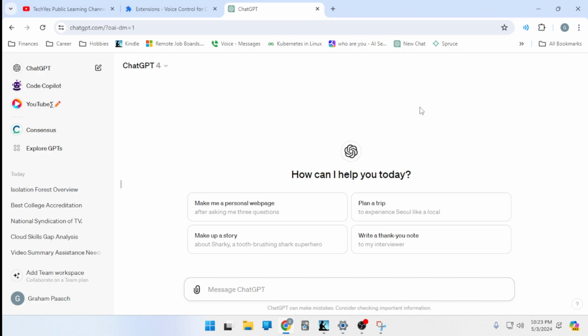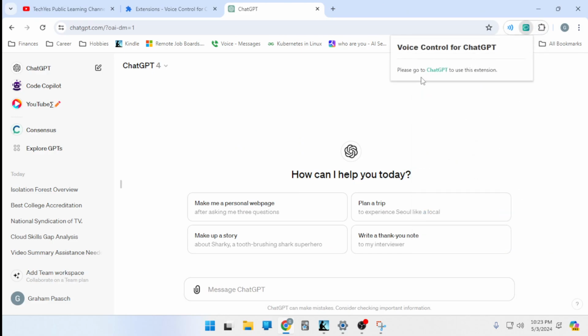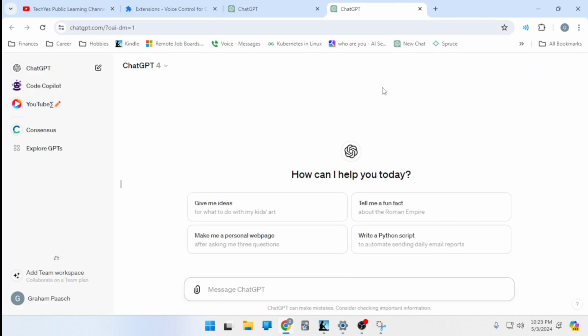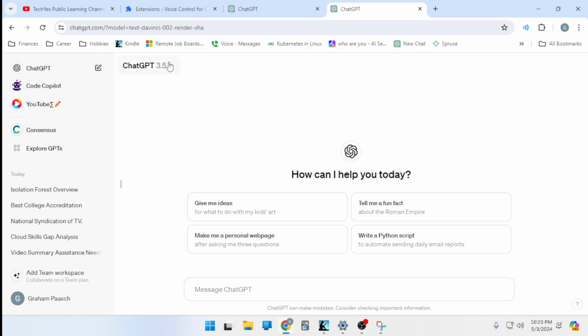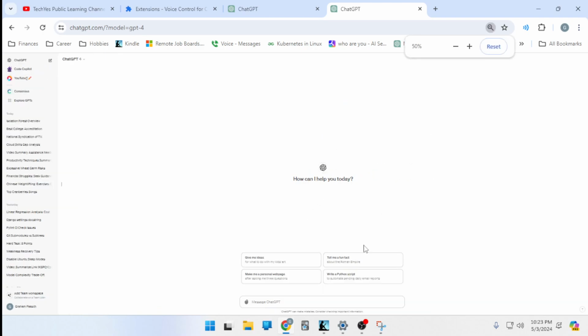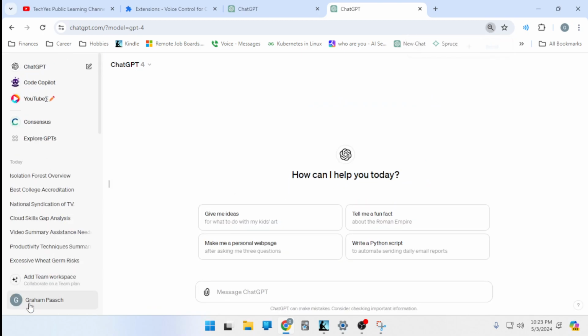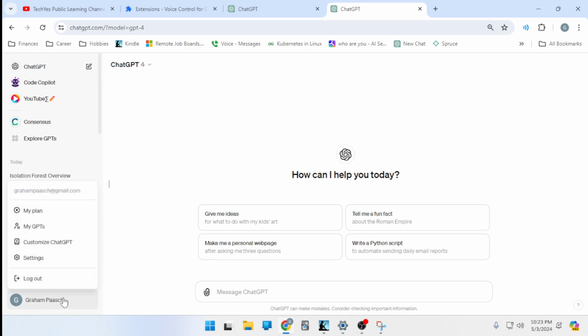Okay, so it looks like my extension is still, okay. So it looks like the extension for some reason is not working. Usually the extension is added there. It's now completely different. So I need to revert it to get back to where it was.